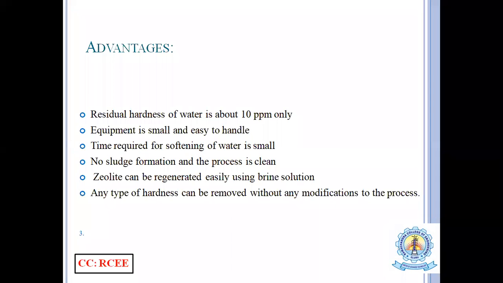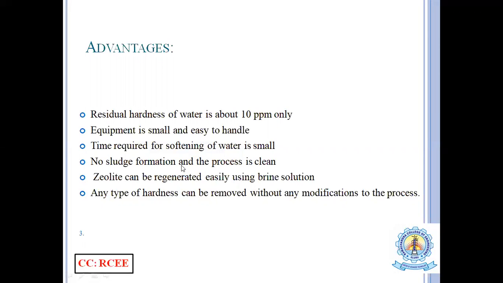And advantages. The residual hardness of water is almost 10 ppm, so we can reduce the hardness of water up to 10 ppm. Equipment is small and easy to handle. Little time is required for softening of water. Here there is one advantage, that is no sludge is formed.